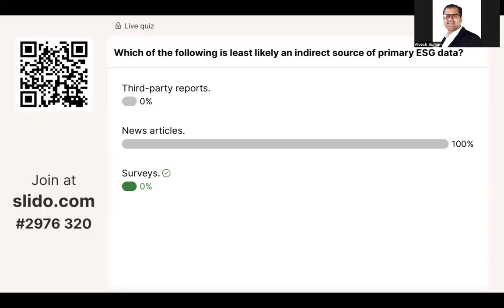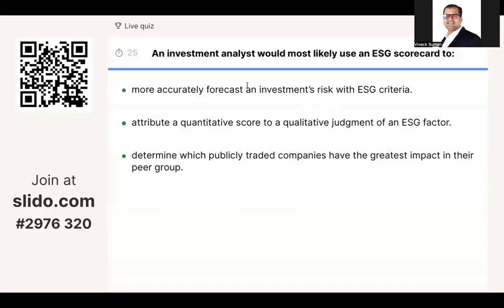Surveys are sometimes a vested product. A lot of companies run a campaign against their competitors saying this product is bad. We know about the Serum Institute and another biomedical company, two institutions producing COVID-19 vaccines, and there were a lot of controversies. Those are indirect sources of primary ESG data. But surveys are not. So remember that.